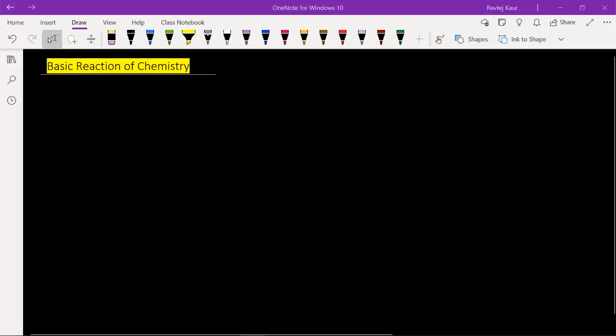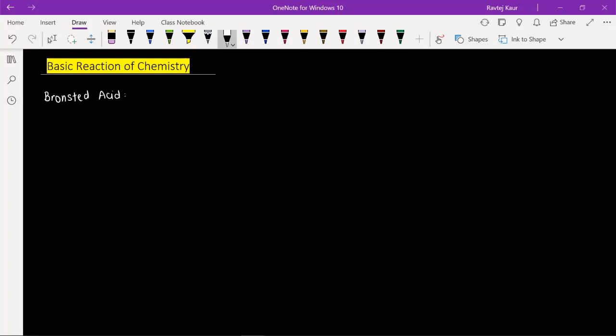So one of the terms is the Bronsted acid. What qualifies as a Bronsted acid? A Bronsted acid is a molecule which is a proton donor. Now, a proton can be written as H positive, right?